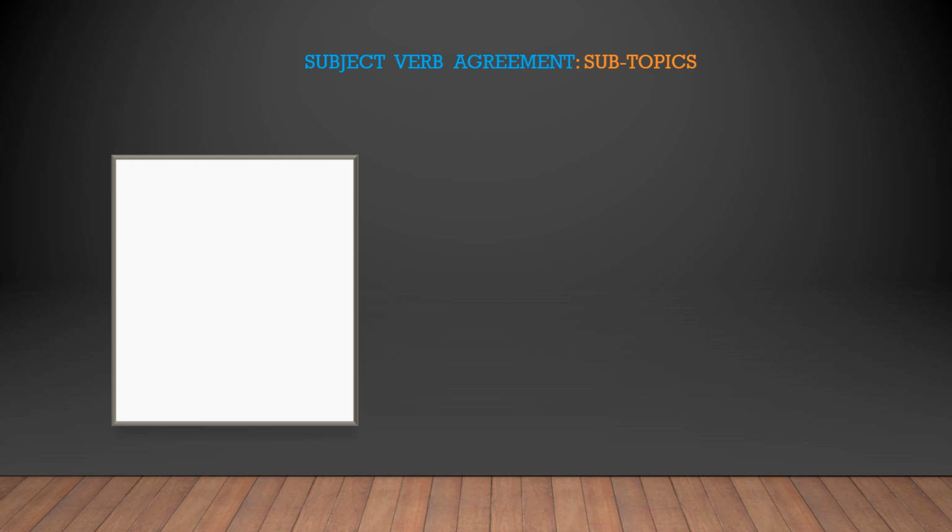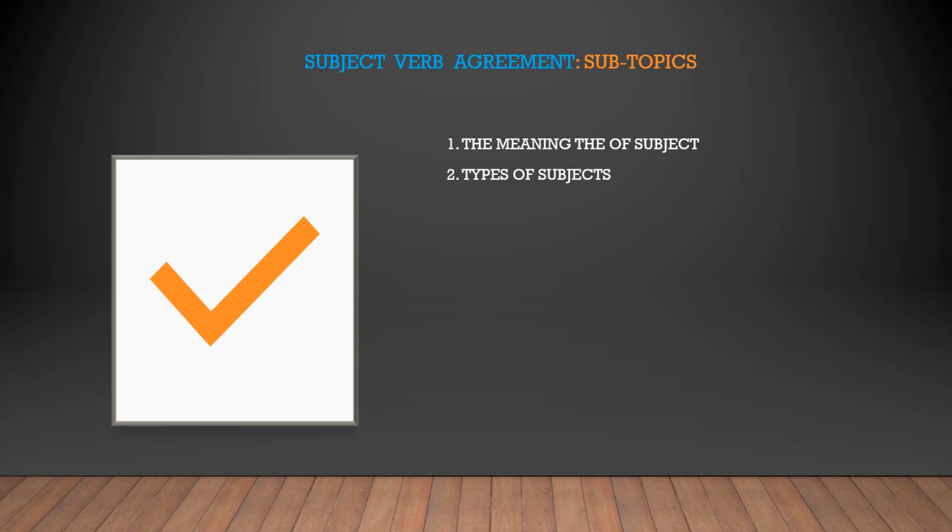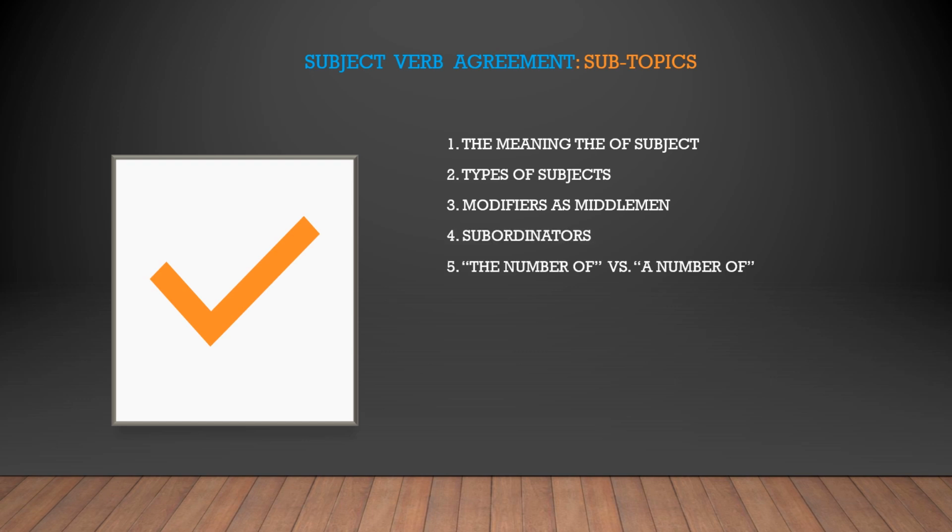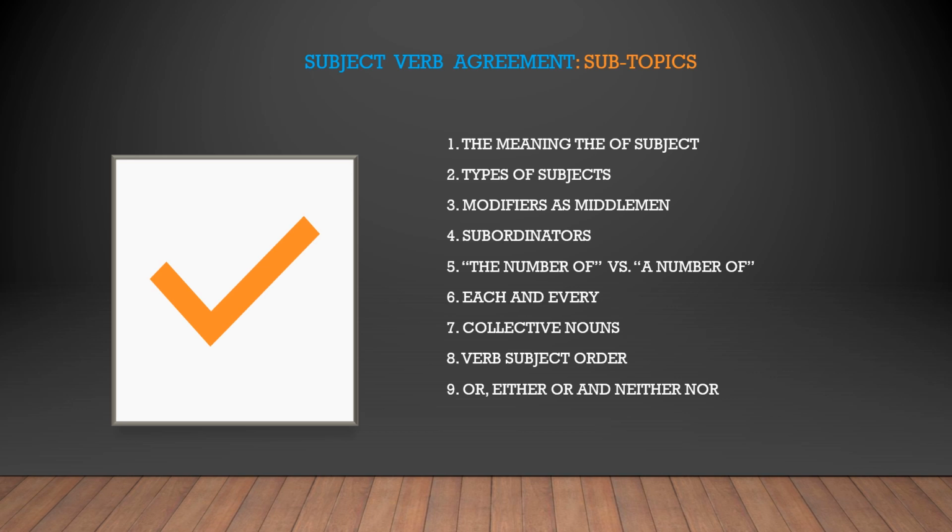Subject-verb agreement subtopics. Under this topic, we will cover the meaning of the subject, types of subjects, modifiers as middlemen, subordinators, the number of versus a number of, each and every rules, collective nouns, verb subject order, or, either or, neither nor, either, any, neither, none.